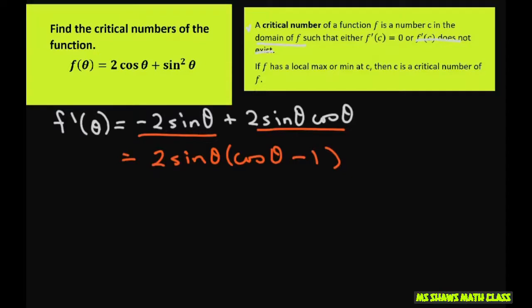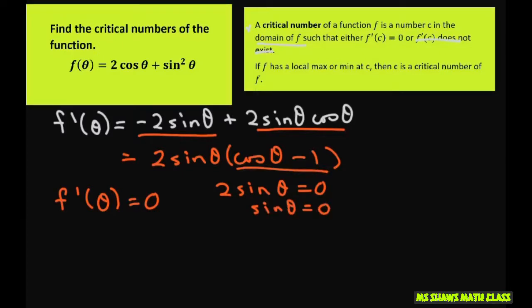So now we want to set f prime of theta equals 0. So we have 2 sine of theta equals 0. So that would be sine of theta equals 0.